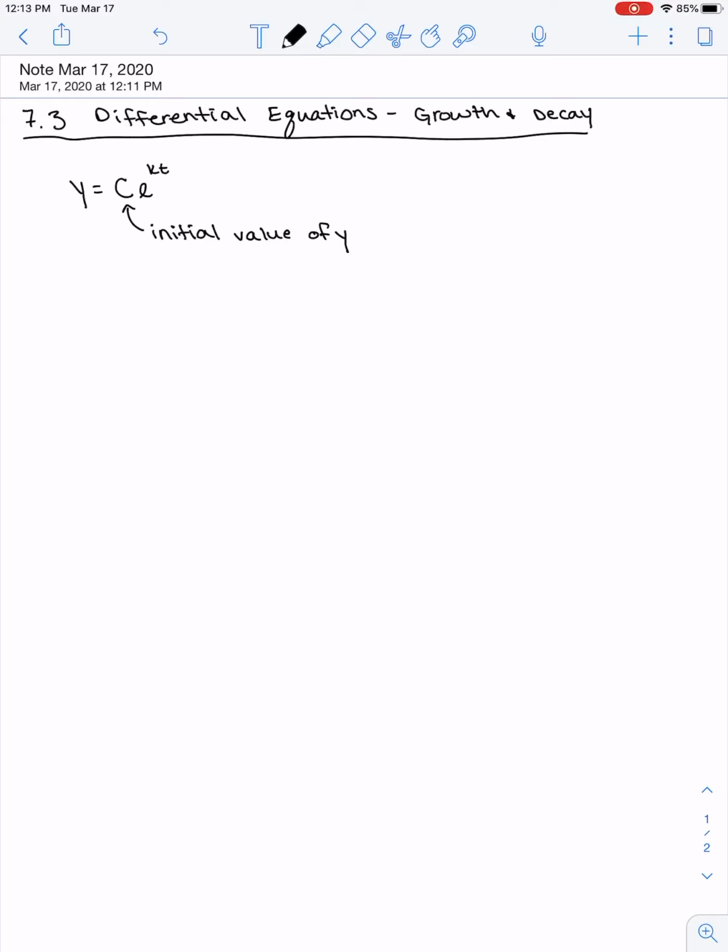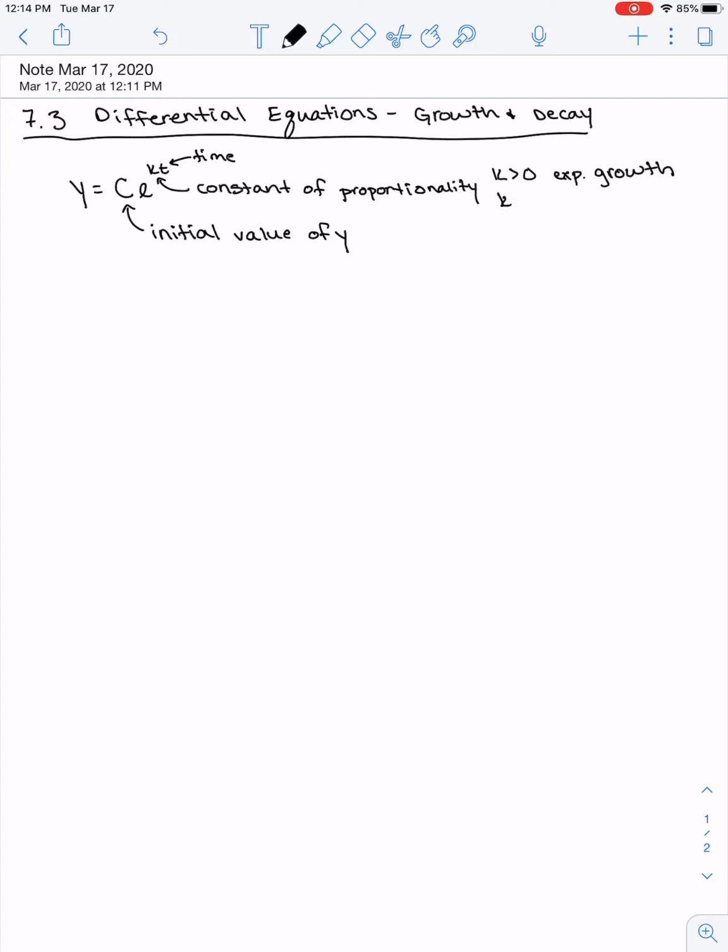And k is the constant of proportionality. T is obviously time. So when k is greater than 0, that is when you're getting exponential growth.